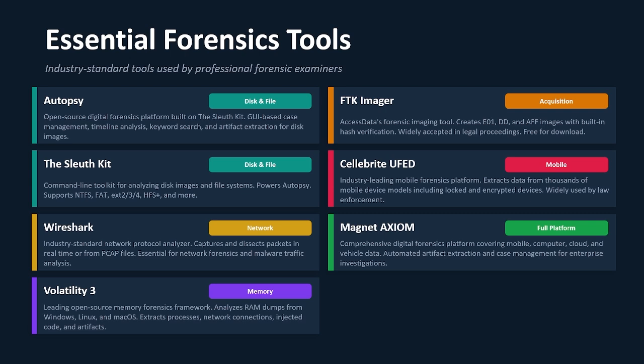FTK Imager over there, that is a tool which will create disk images. It's very similar to DD, only it will create and automatically keep track of the hashes and verify images, and is long accepted as being a proper implementation of imaging.